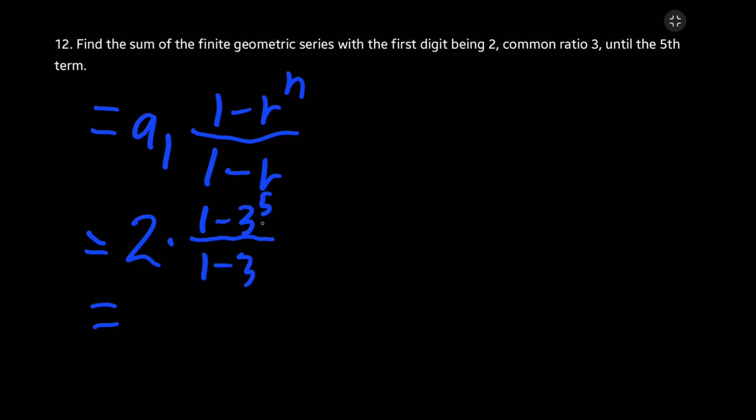You want to use this exponent first before you actually do 1 minus 3. So 3 raised to 5 would be 243. 1 minus 243 would be negative 242, over 1 minus 3, or negative 2, multiplied by 2.